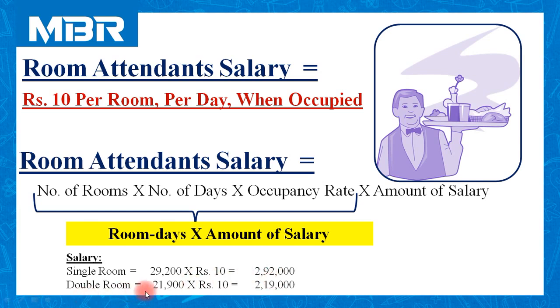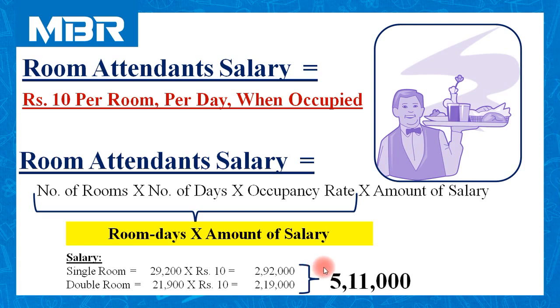Double room, 21,900 room days were there, multiplied by salary rupees 10, amount 2,19,000. In this way, the hotel has paid 2,92,000 for serving in single bedroom and 2,19,000 for serving in double bedroom to the room attendants.